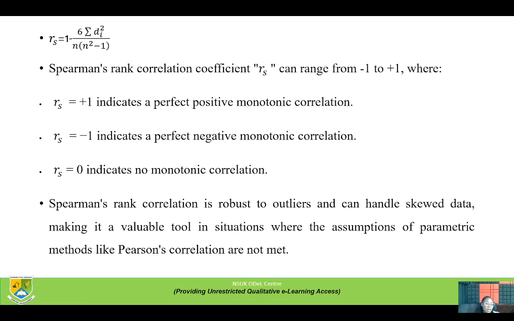A skewed data refers to a distribution where data points are not evenly distributed around the mean. Normally, the approaches considered before now are affected by such conditions except under certain assumptions, but the Spearman correlation is resistant to outliers and can handle skewed data in its computation.